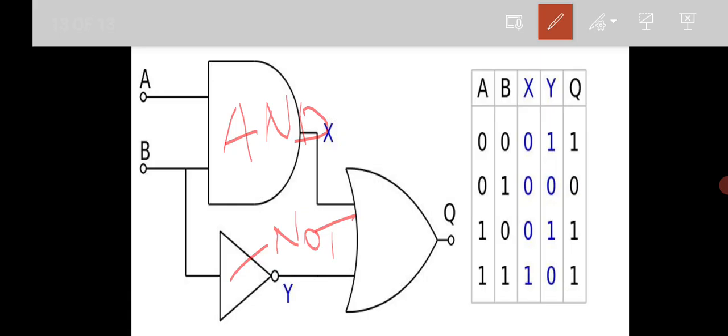We have an AND, NOT, and the OR gate combined.